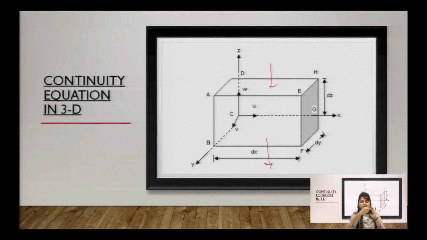These are the 3 dimensions we are going to consider. So first, in detail, we are going to calculate the mass entering in the x direction through this face and leaving through this face. We will get some term, and similarly we can obtain the mass entering from the y and z directions. So now, coming to the x direction.